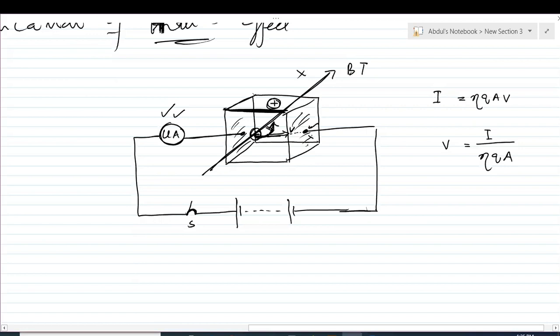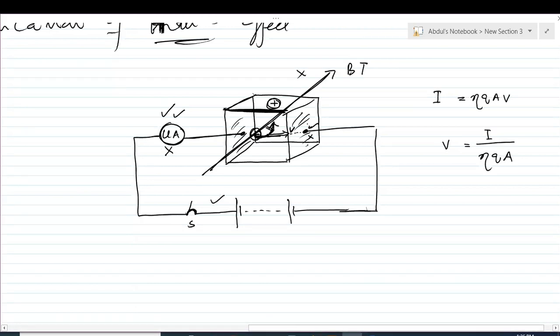No charge is reaching this terminal, so the current becomes 0. So when a magnetic field is placed perpendicular to this semiconductor carrying current, the current becomes 0 because the charge is deflected up. The battery is still connected.